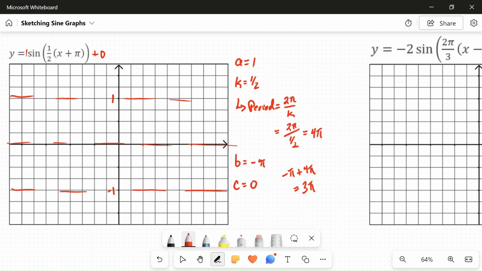So let's do 2 tick marks in the x direction as a full pi. This one here is negative pi, this would be pi, this would be 2 pi, and then 3 pi. Okay, so let's finish our little box here.